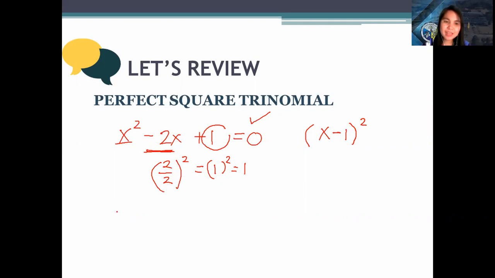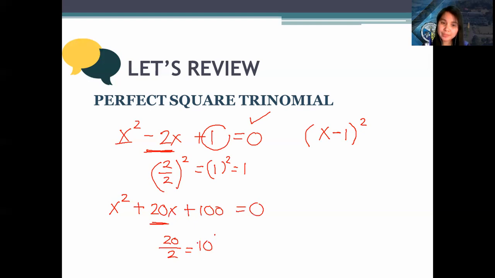Another, x squared plus, let me think of a number, plus 20x plus 100 equals 0. Try to check it. Let's check the middle term. 20 divided by 2, the answer is 10.